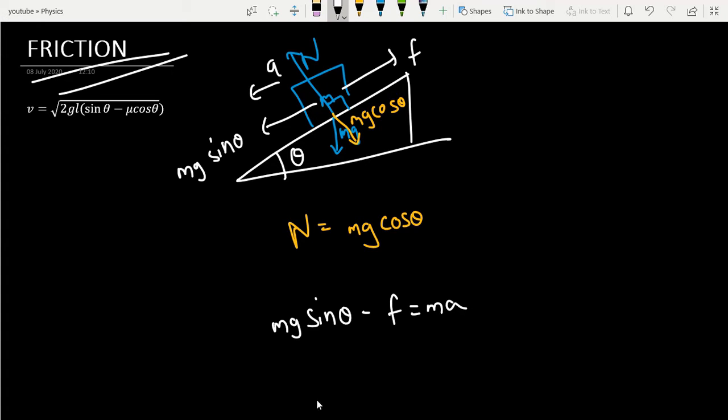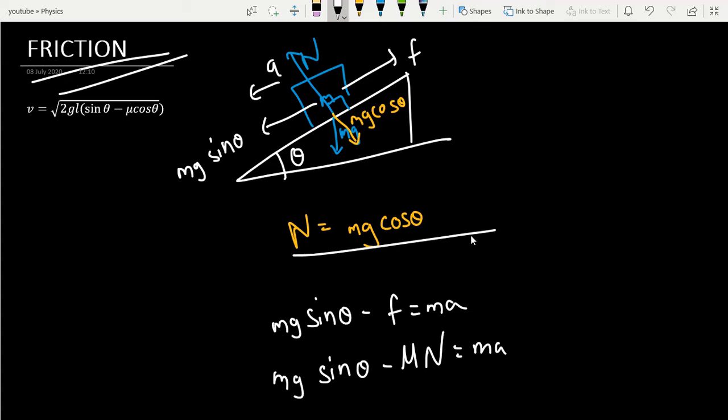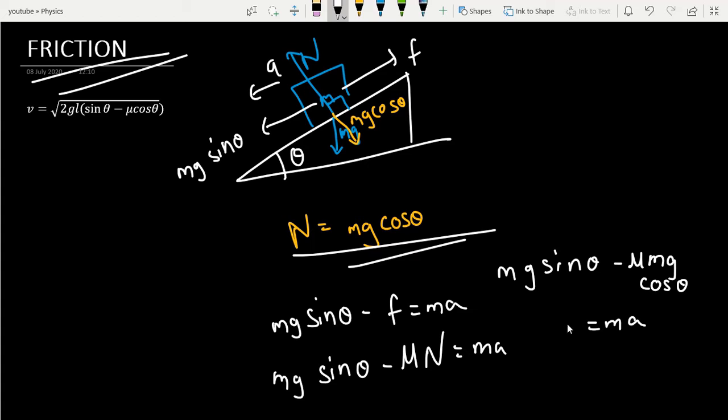So instead of F, if I write mu n, mg sine theta minus mu n is equal to ma. N's value is mg cos theta, so we substitute it and we get the equation mg sine theta minus mu mg cos theta is equal to mass into acceleration, the net force.